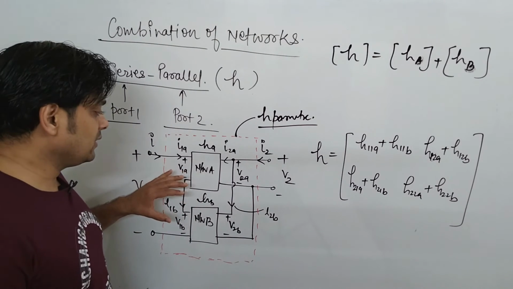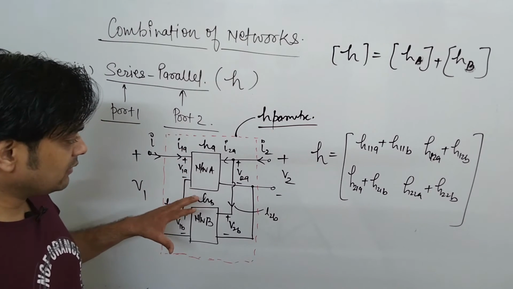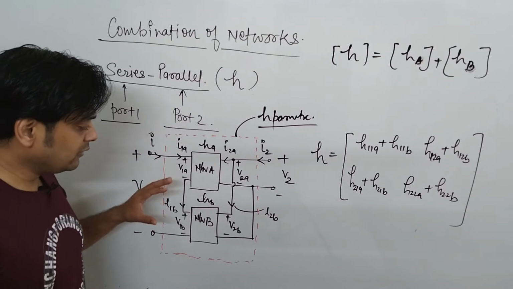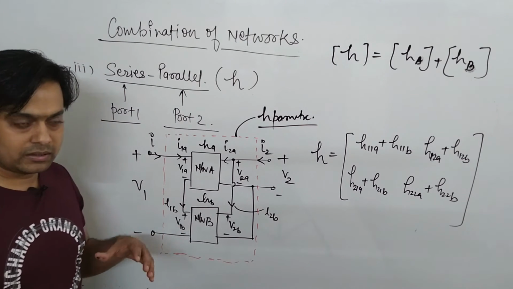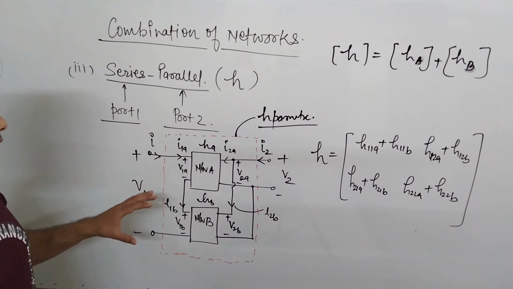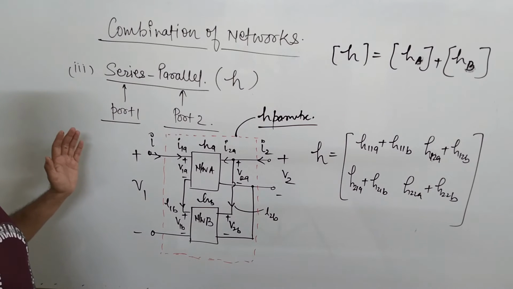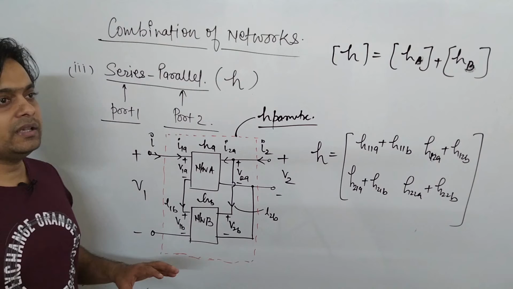The questions come directly in the form and they will simply ask to find the H parameter. So first of all, you have to understand if there are two different networks, how they are connected, what is the connection, and what is the combination. Sometimes it may be in the form of series, but they will ask you to find the H parameters.